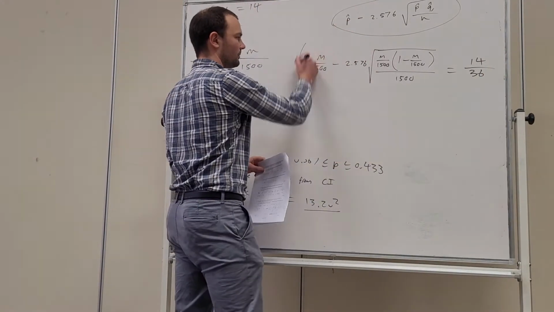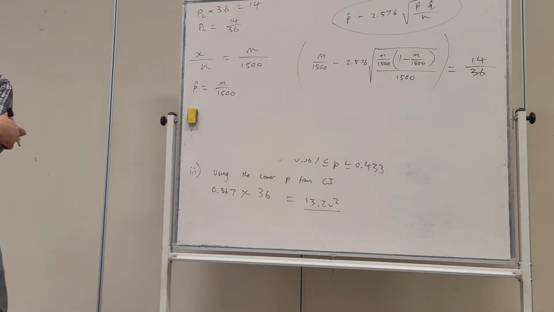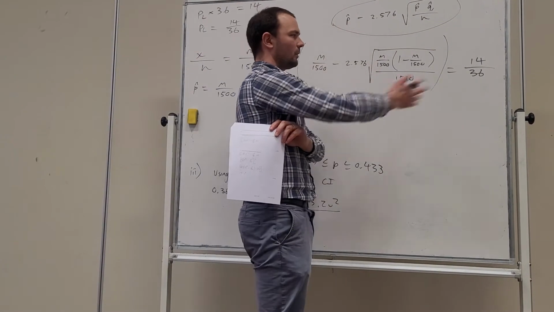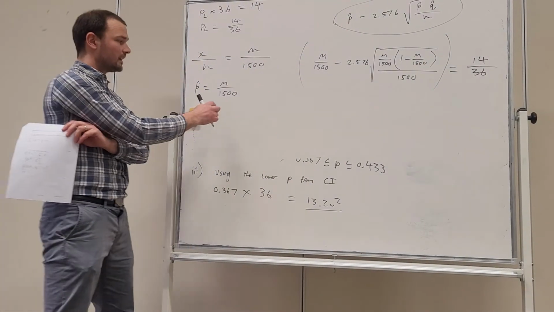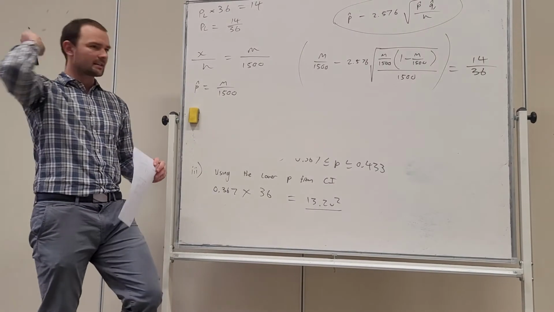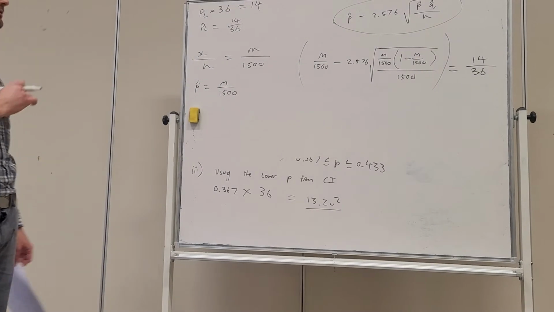That's what I've done. I've graphed this equation and I'm G-solving. You need to crank the window right out because we're doing 1,500 samples here, so crank X max out to 1,500. X is going to be somewhere between 0 and 1,500.